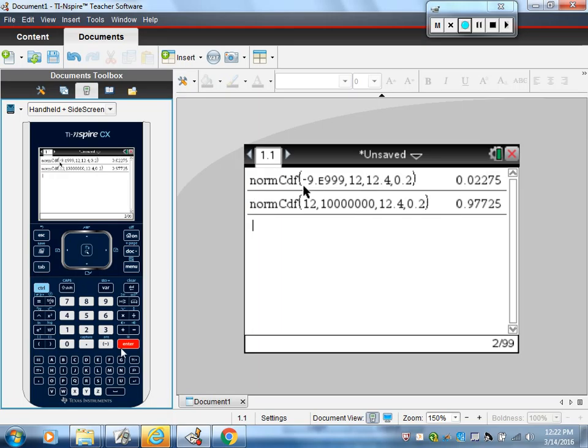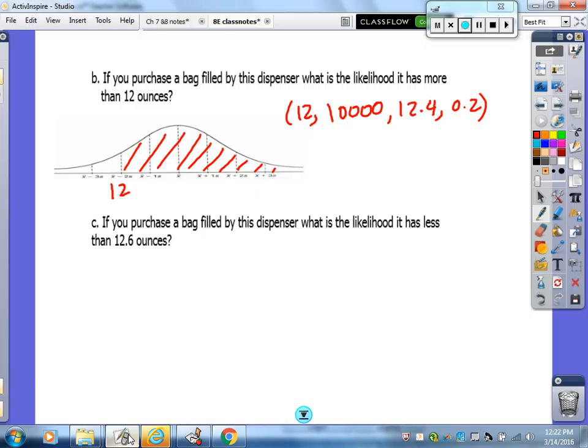Hit OK, and that's the area under our curve. Round to 3: 0.977. So our answer here is 0.977, or 97.7% of the time we're going to have more than 12 ounces in the bag.